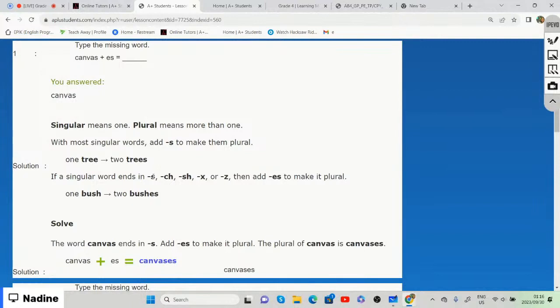But if a singular word ends in s, ch, sh, x, or z, then it ends in es, and then we will make it plural. And we made an example of bush, one bush, two bushes. And we added an es after bush.